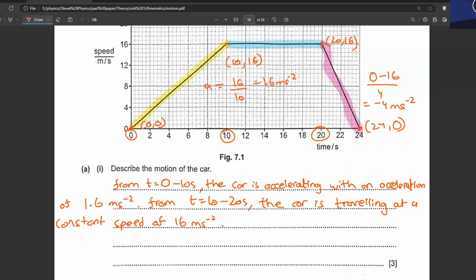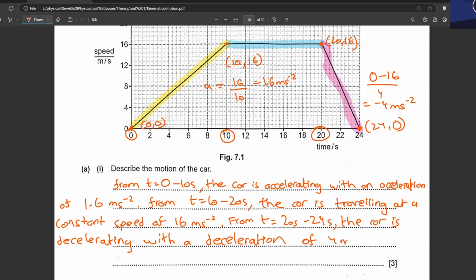You can further say from time t equals 20 seconds till 24 seconds, the car is decelerating with a deceleration of 4 m/s². Simple as that.